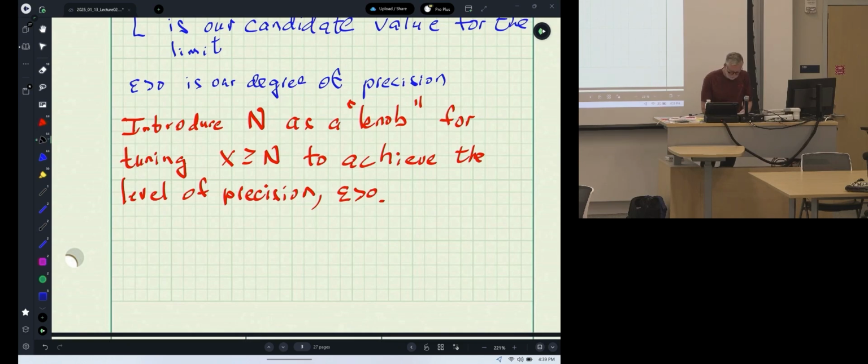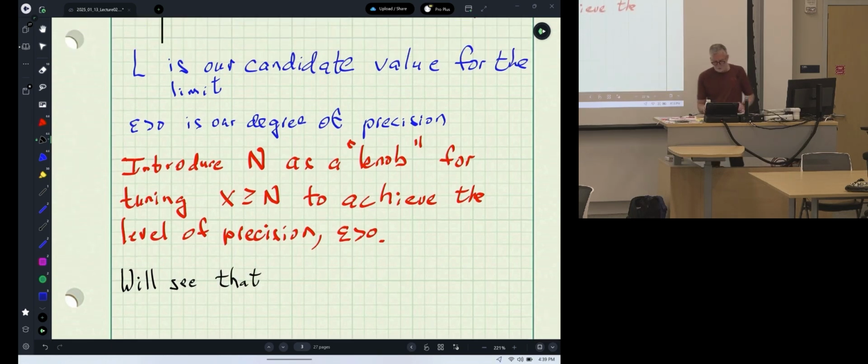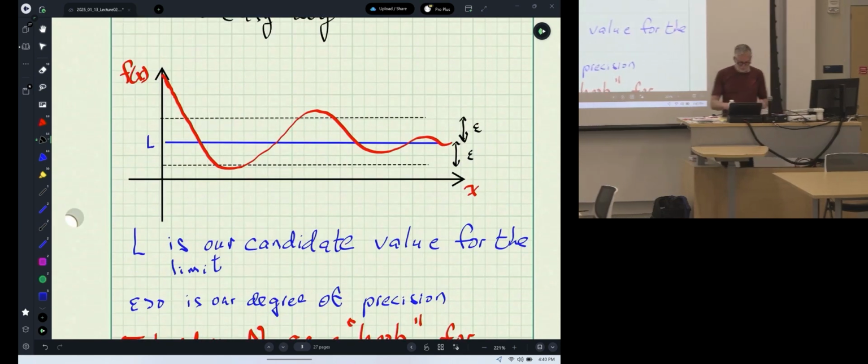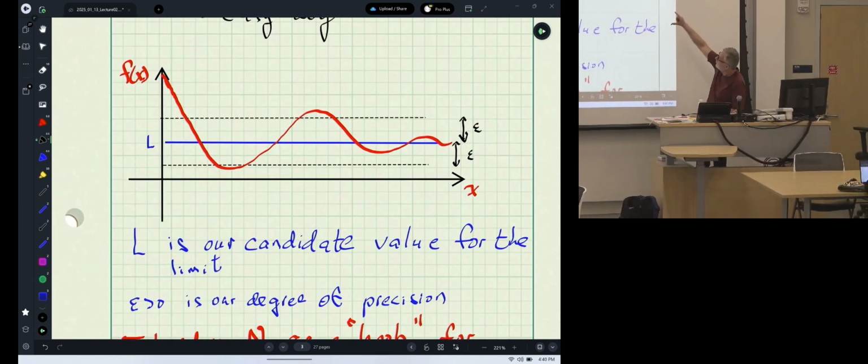Now, what we'll see is that as we vary the level of precision, if we were to bring these two dotted lines in closer and closer, we will need to change the value of n in order to achieve that level of precision.